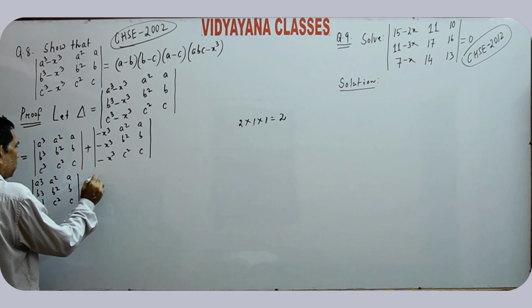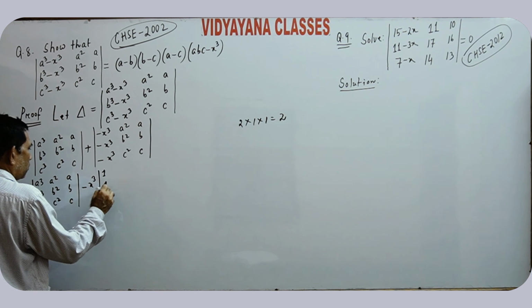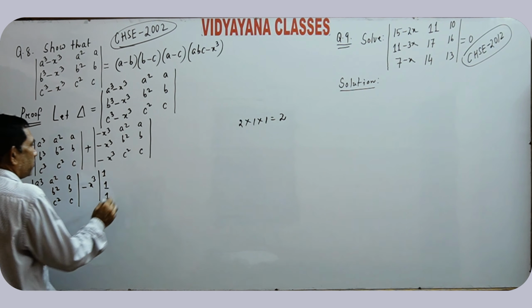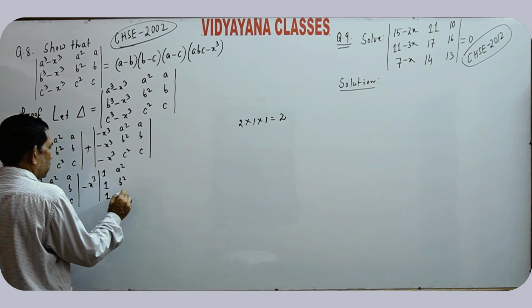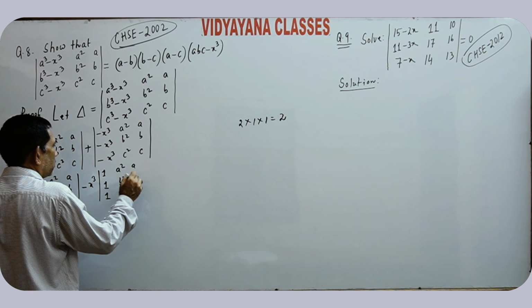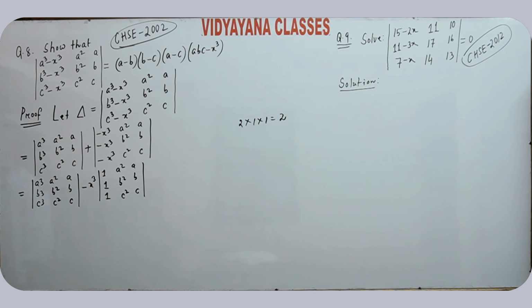minus SQ into the determinant 1, 1, 1, A square, B square, C square, ABC. Clear? Okay.